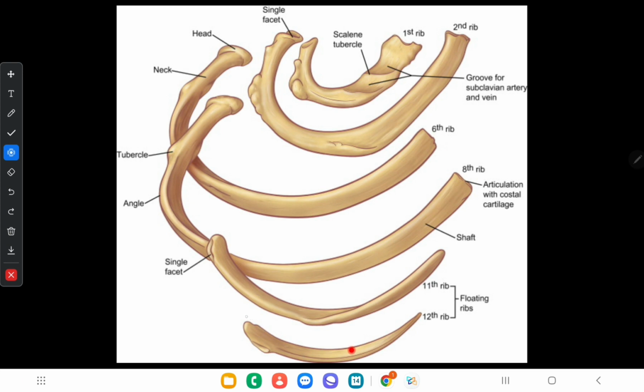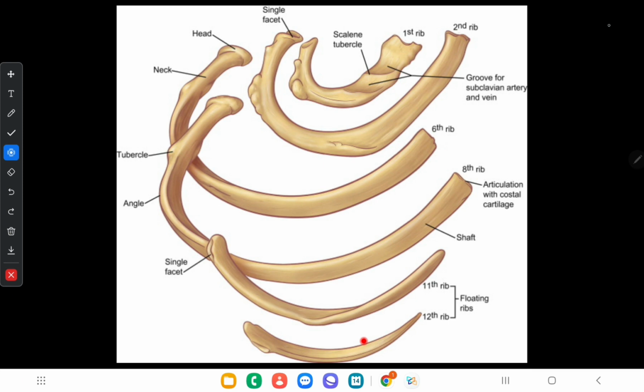It also has only one articular facet on the head. It is also short and there is no tubercle. Also there is no subcostal groove in the 12th rib. When we talk about the 10th rib, the difference from a typical rib is that it also has only a single articular facet on the head.